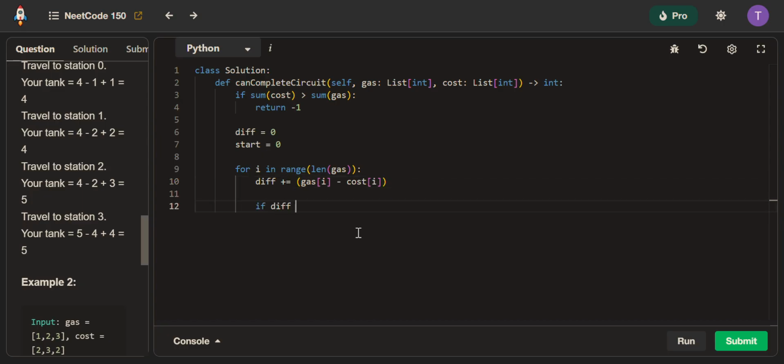If this difference is negative, then we want to set it back to 0, and we want our starting index to be the next value, so i plus 1. And then we can return the starting index.